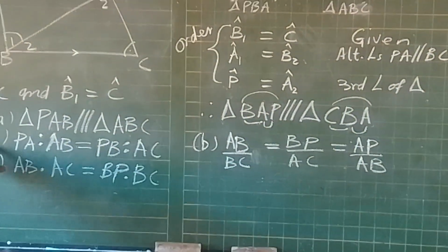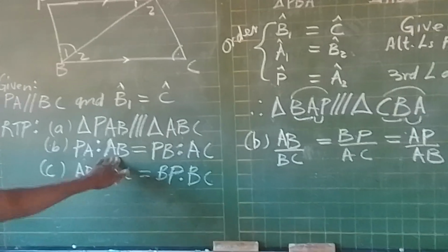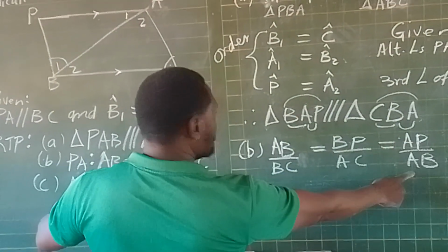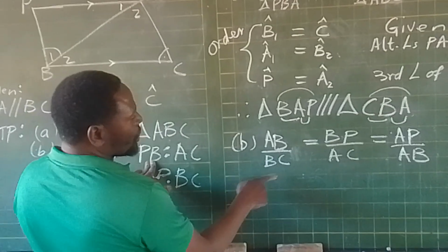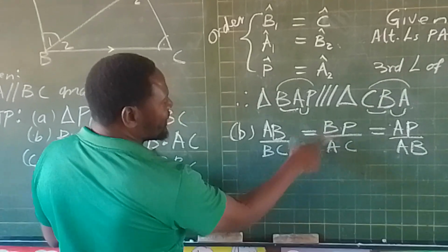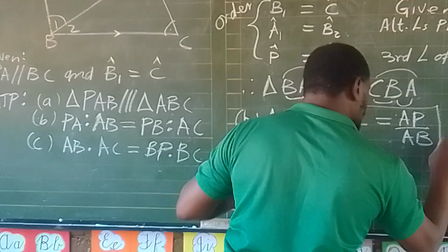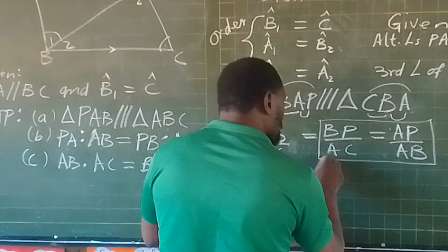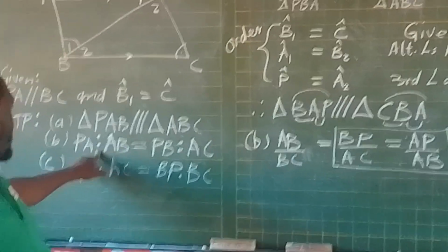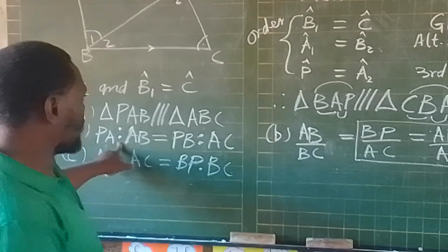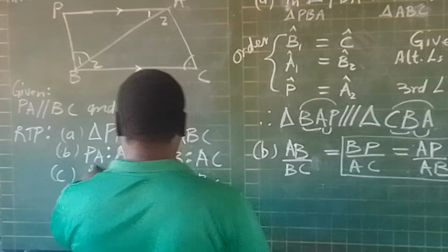Now we come to B. They're talking about PA and AB. This is PA and AB. That goes with PB and AC. So this is the required proportion. Remember, this is division. So you can say AP, here is your AP.